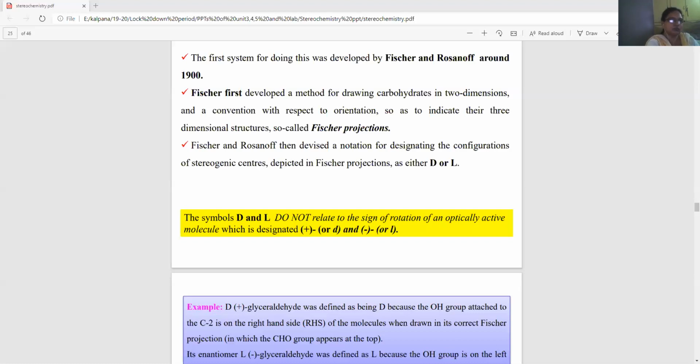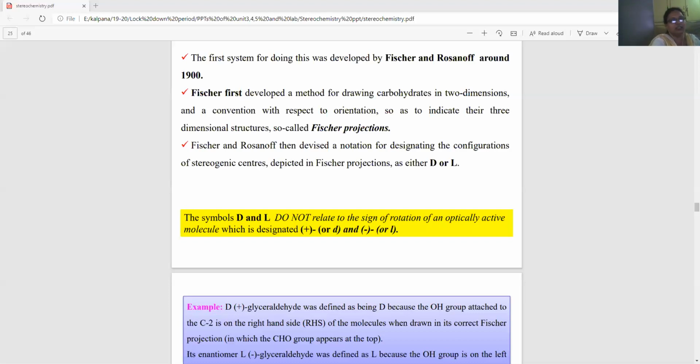This is the eclipsed conformation where theta, the dihedral angle, is 0 degrees. Then it is slowly moved, and that becomes the staggered conformation, and theta is equal to 60 degrees. Sorry, not centigrade, theta is just equal to 60 degrees.